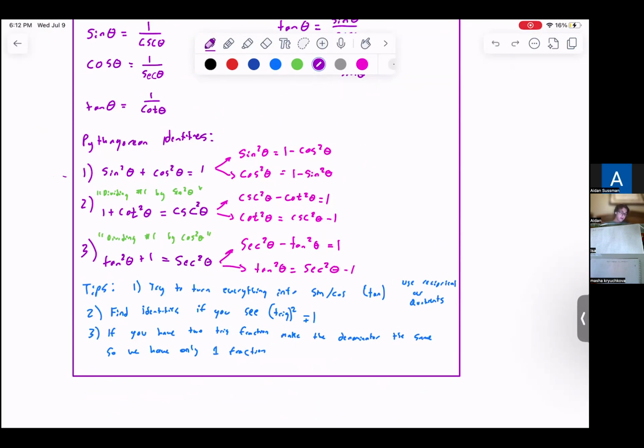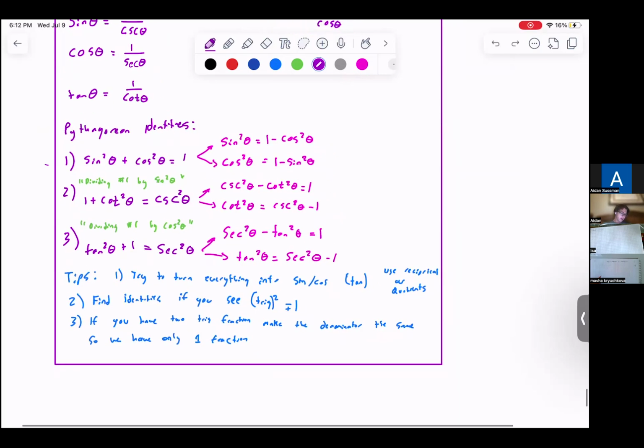And that's it. Then we found out that our second identity is 1 plus cotangent squared equals cosecant squared. And of course, we can rearrange that to have our other 2 identities. And the same thing with number 3. This one just has tangent.